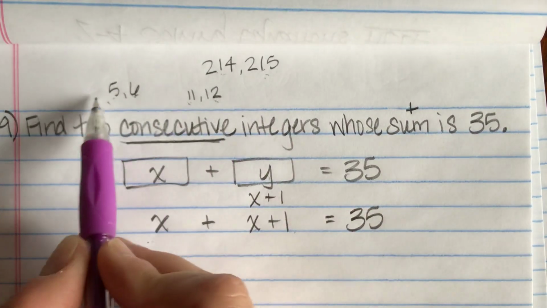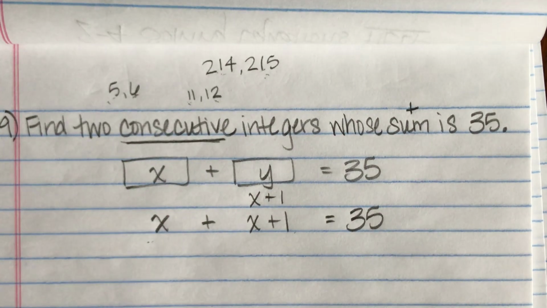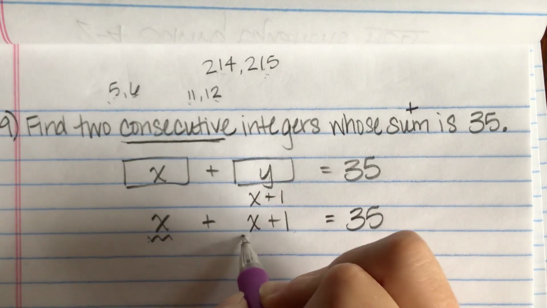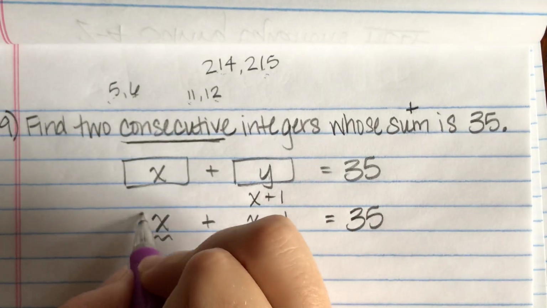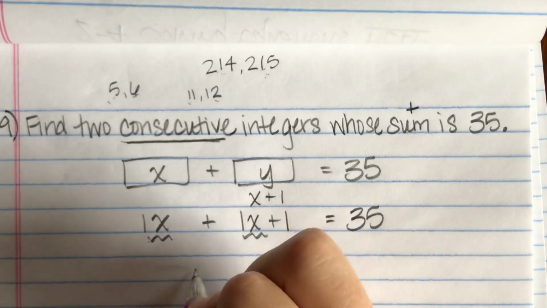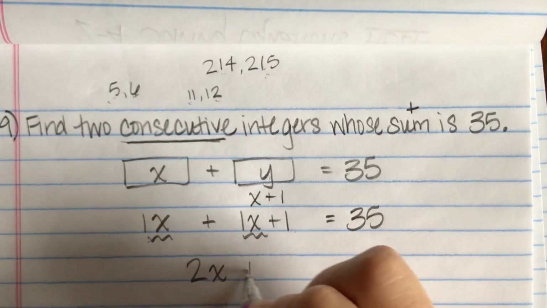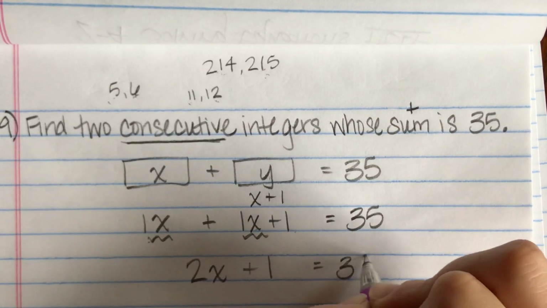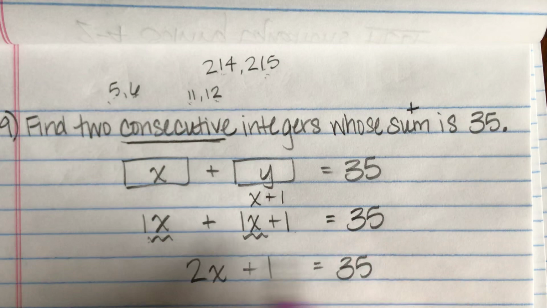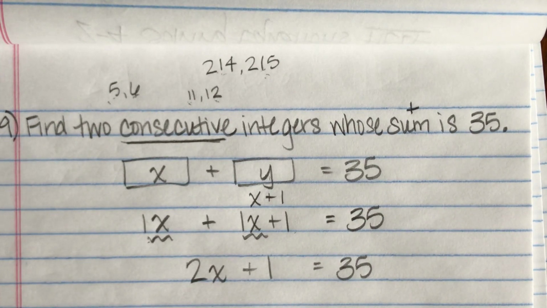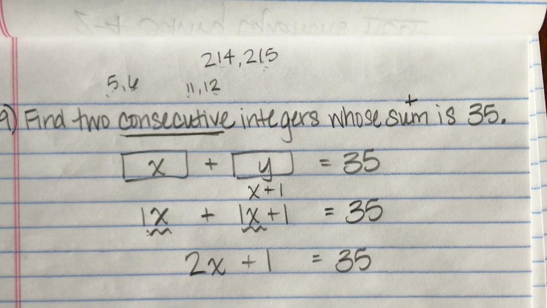That'll describe my two consecutive numbers no matter where they are. Now I can just solve through this. So I'm going to simplify first by combining like terms. If I do 1x plus 1x, I get 2x plus 1 equals 35. Then I can go from there and solve. Subtract 1, divide by 2, and all of that.